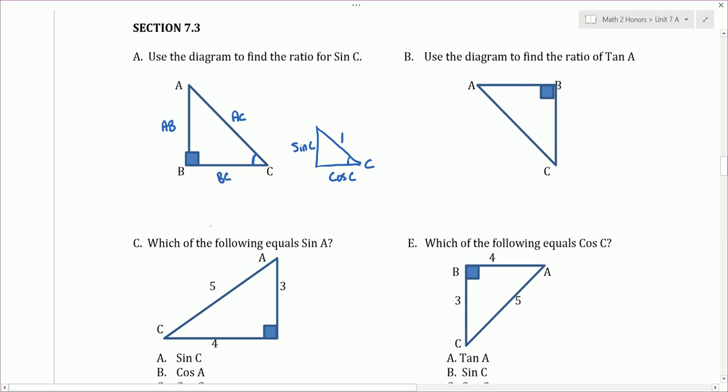And so setting up a proportion, I'm going to write sine C over 1, coming from the small triangle, is equal to, well, AB corresponds to sine C, so AB over AC. And since sine C over 1 is the same thing as sine C, we found the ratio for sine C. So in a sense, this is saying, solve for sine C. What do you get? And so we end up with the sine of C is the length AB over the length AC.